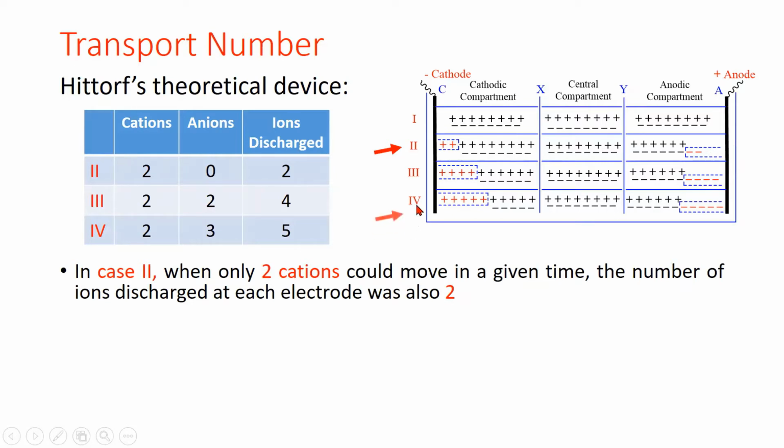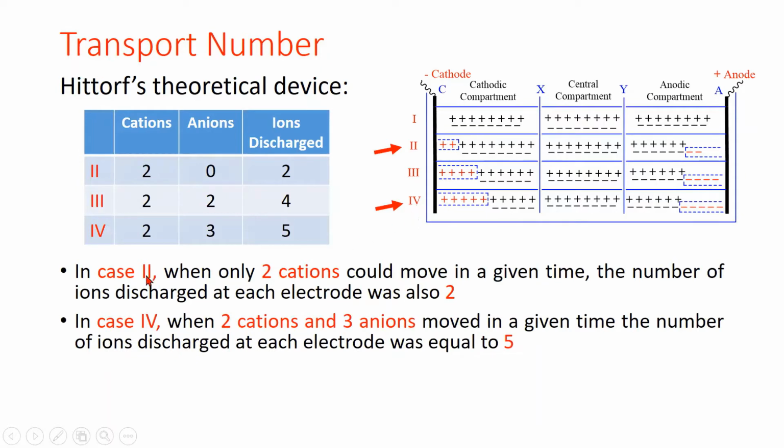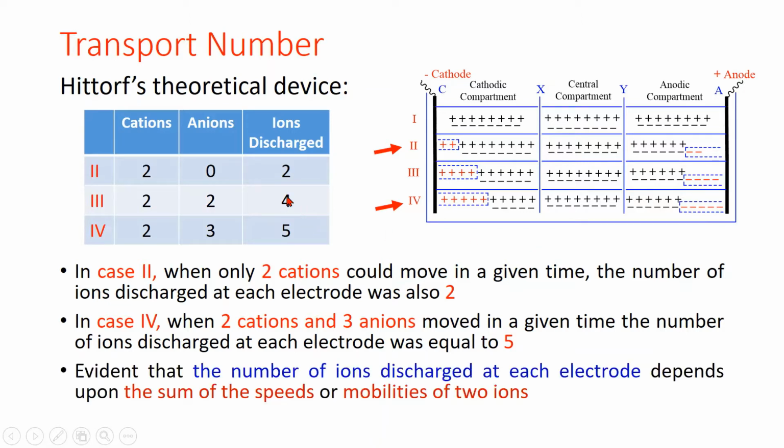Whereas in case 4, when two cations and 3 anions move in a given time, the number of ions discharged at respective electrodes was 5. We can see that the number of ions discharged at each electrode depends on the sum of the mobilities or speeds of the two ions.